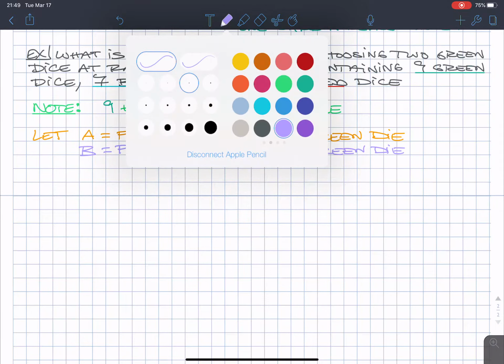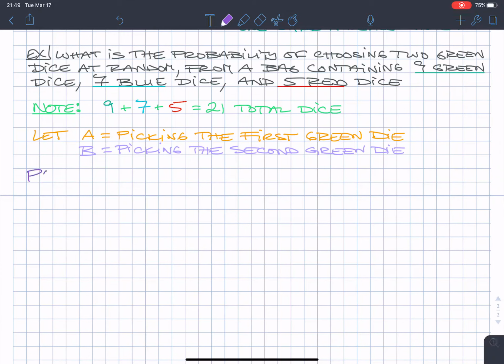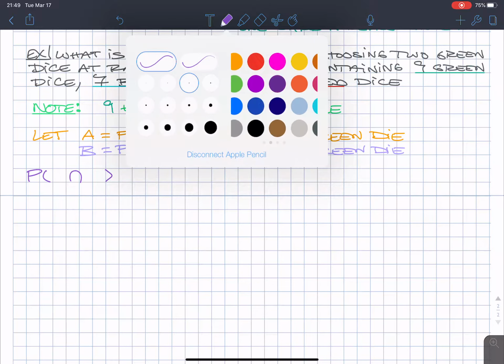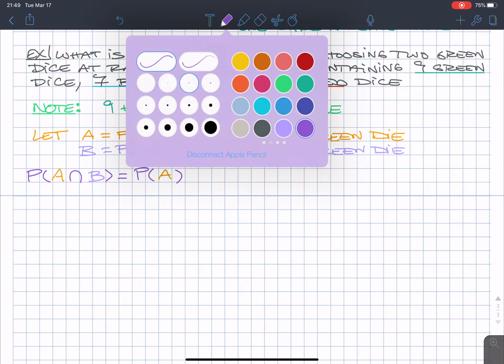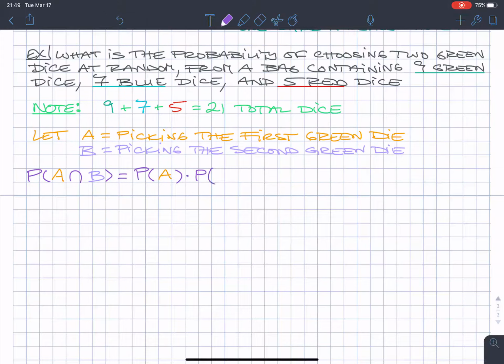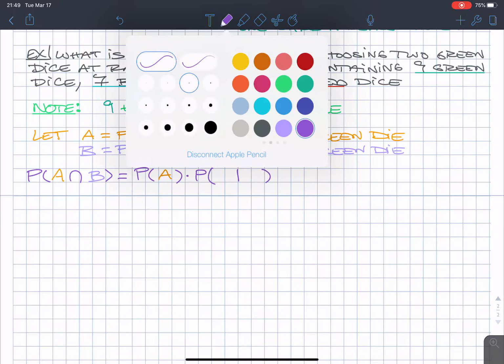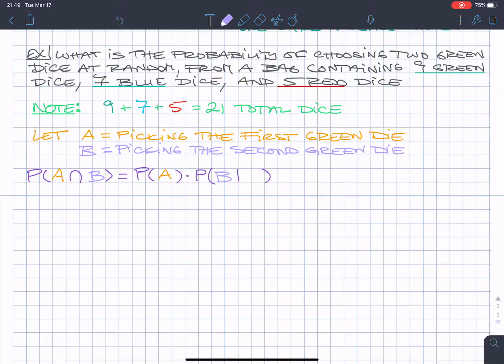Okay, so the probability, this would be "and," right? Of first picking one green die and then picking a second green die. Well, I claim that that's going to be the probability of picking the first green die times the probability of picking the second green die, given that I've already chosen the first.